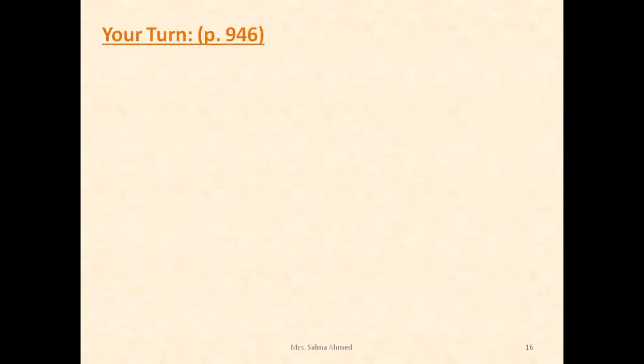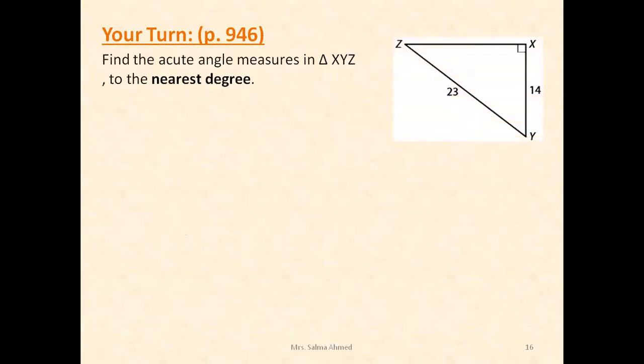Your turn, page 946. If I have this triangle, I need to get the acute angles. So I need to get Z and I need to get Y. Here are the two angles that I'm going to find to the nearest degree. Answer. If I'm going to get the measure of angle Y, what's the relation of the sides that he's giving to me? This is the hypotenuse. Yes, exactly.